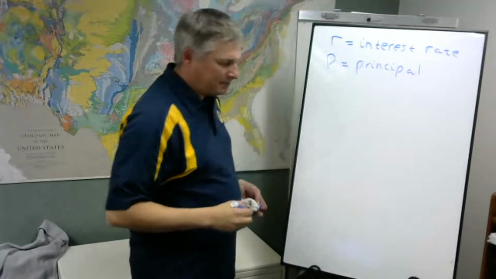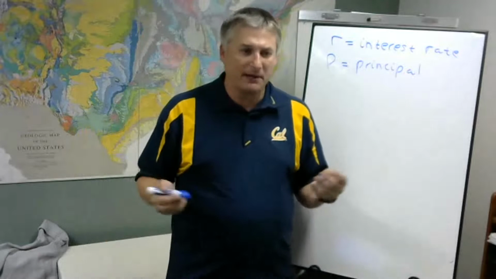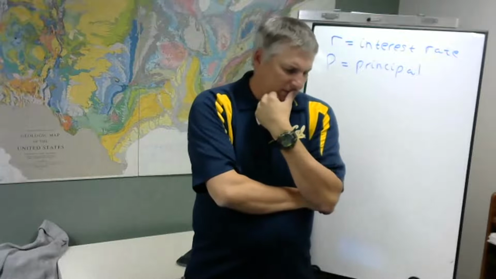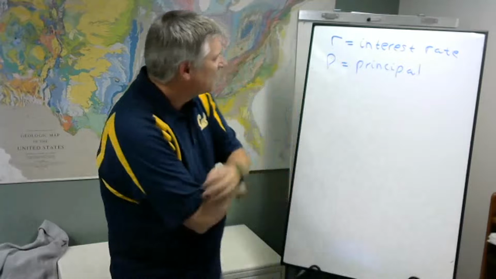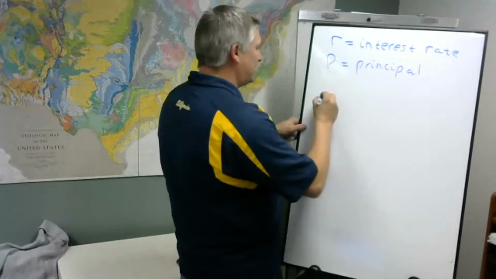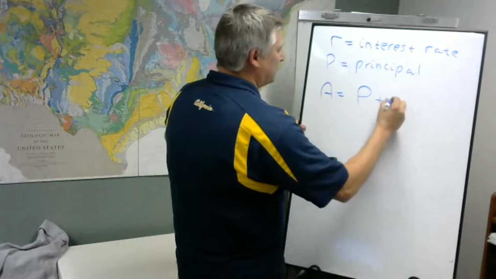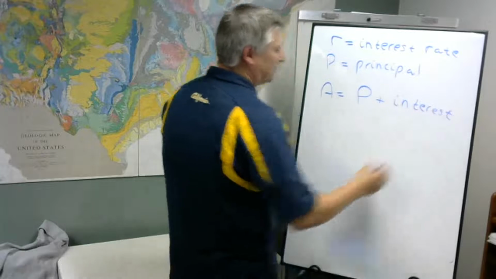And what happens is we borrow this money for a period of time, say a year. And after 1 year, we're charged interest or rent on this. And so the total that we have to pay back, we call that A. It's the amount we borrowed plus the interest.